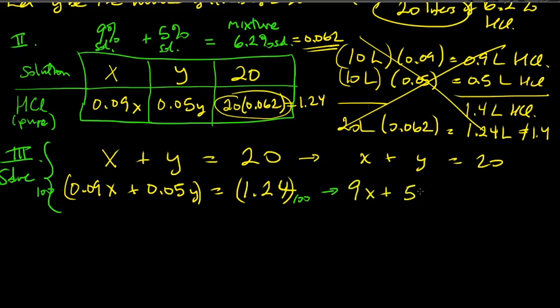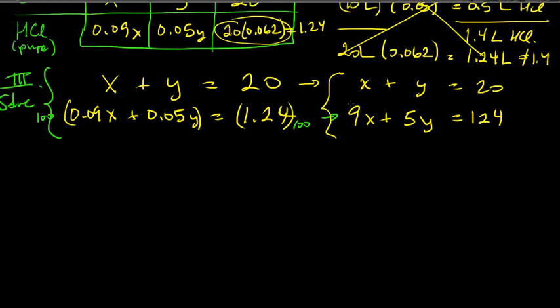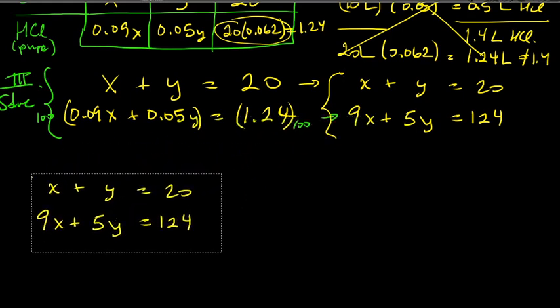You get 9x plus 5y equals 124. Okay, so no more decimals. Now we get nice whole numbers. All right, so now the only question is, do you want to eliminate x or do you want to eliminate y? So I just copy these down here. Well, let's eliminate y.